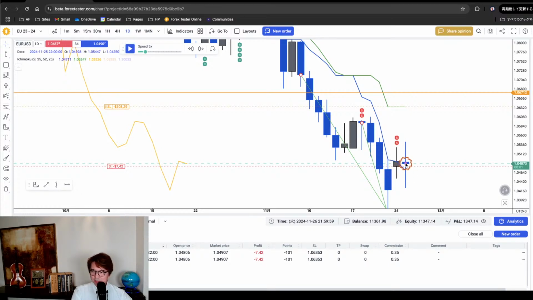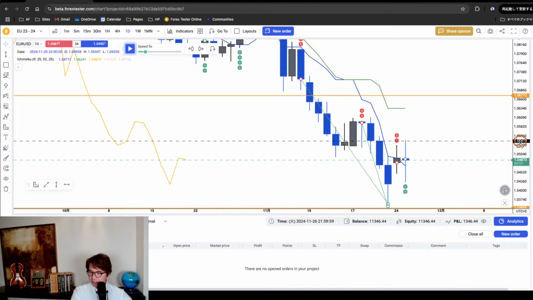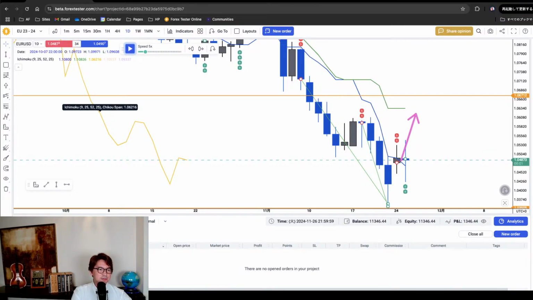The price closed above the Tenkan Sen. So this is exit. So this time I exit, and the market, I think, may retrace to Kijun Sen. So this is, again, Kijun Sen retracement situation, potentially.